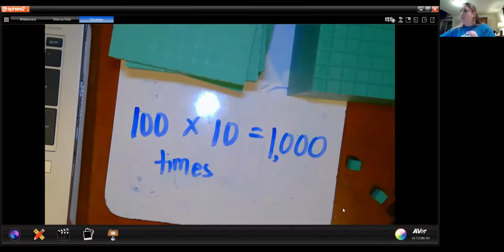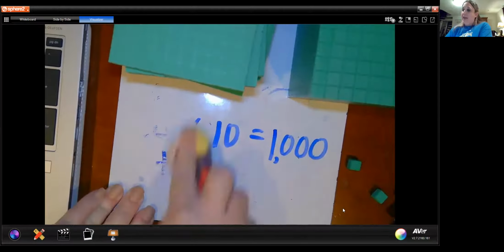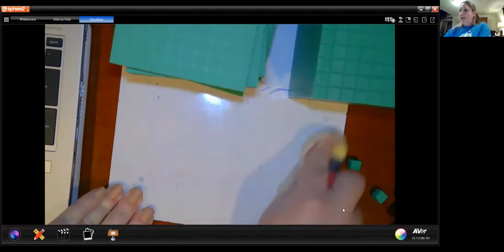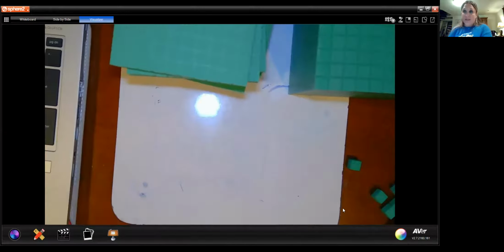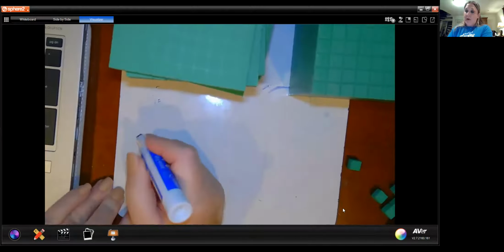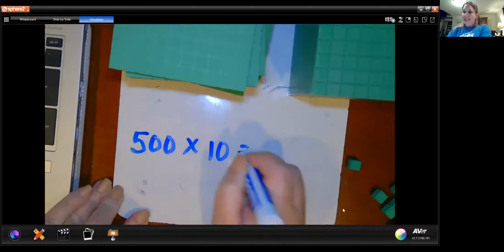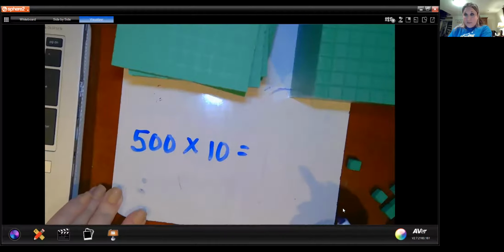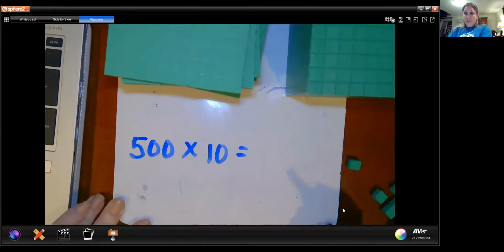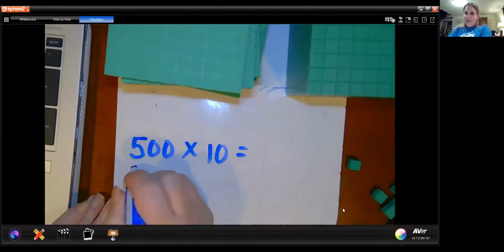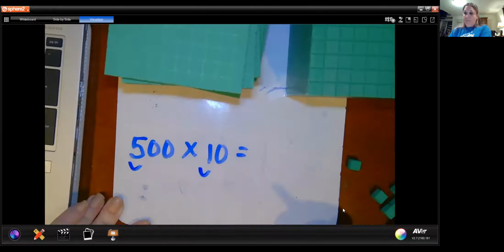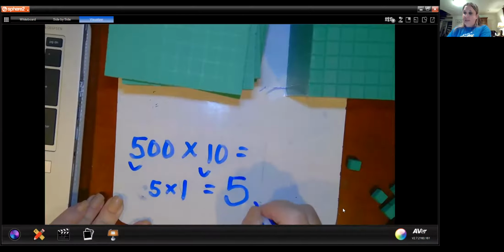Now, what I tried to show you guys on Thursday was the zeros trick, and only a few kiddos got it. But if I have the number 500 and I'm multiplying it times 10, there's something called the zeros trick. So first, I just look at the actual digits, the 5 and the 1. What is 5 times 1? Well, yes, that equals 5, because anything times 1 equals that number.